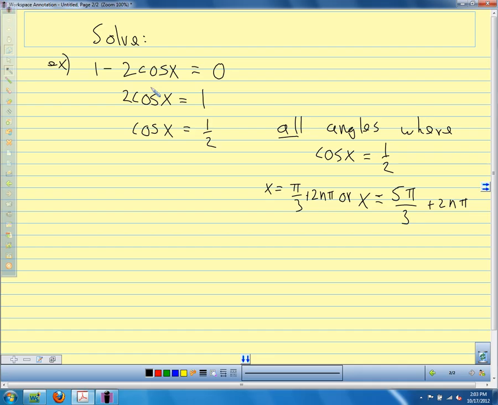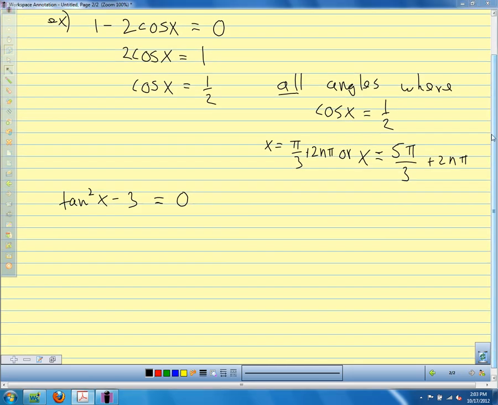All right. Let's look at tangent squared x minus 3 equals 0. We want to solve this for x. Our first step, isolate the trig function, get it by itself. So I'm going to add 3 to both sides. I get tangent squared x equals 3.